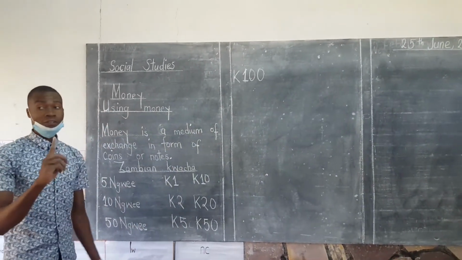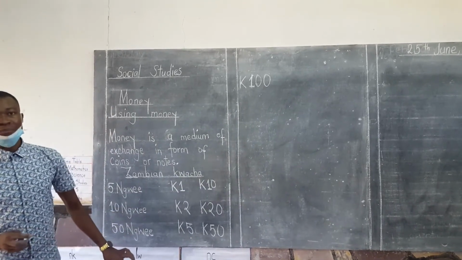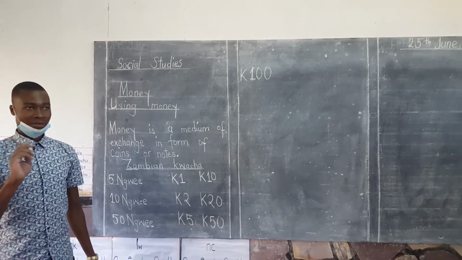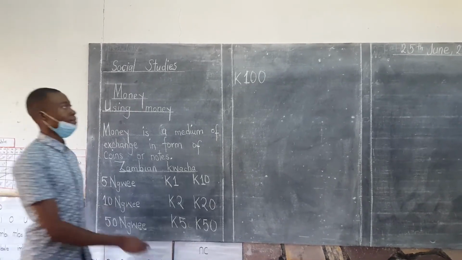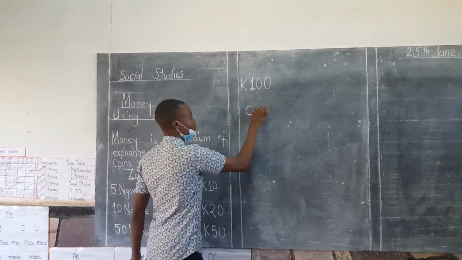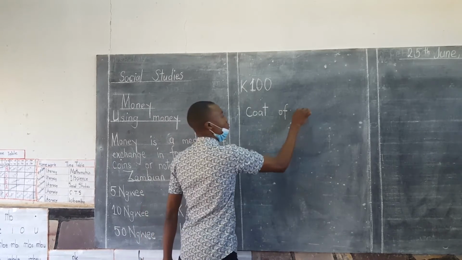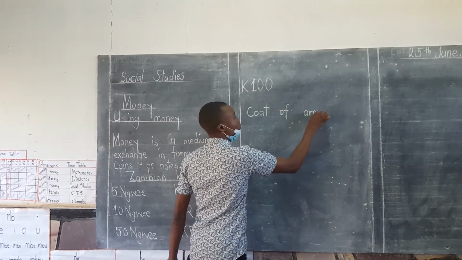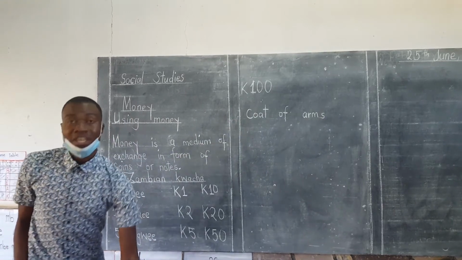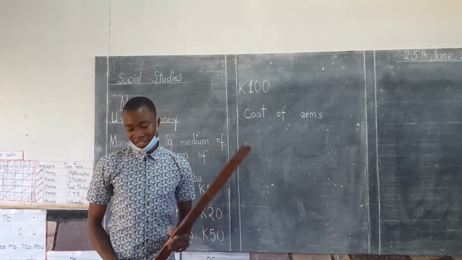On all the notes that we have in Zambia, there is a coat of arms. Let's write the word coat of arms. So a coat of arms appears on all the notes and coins that we have in Zambia.